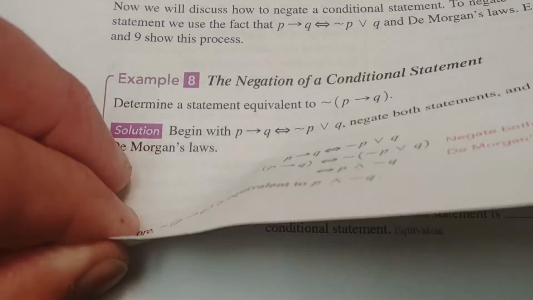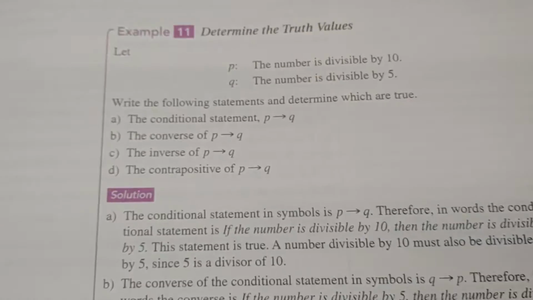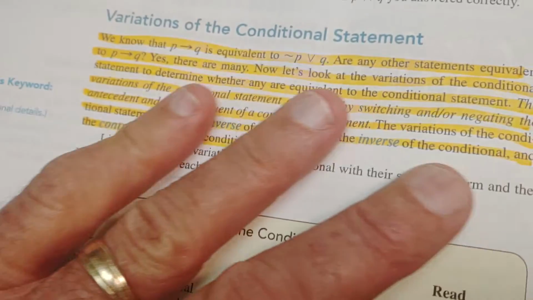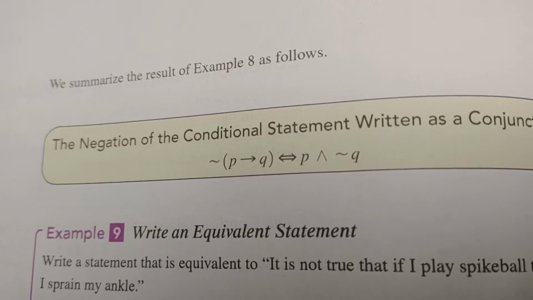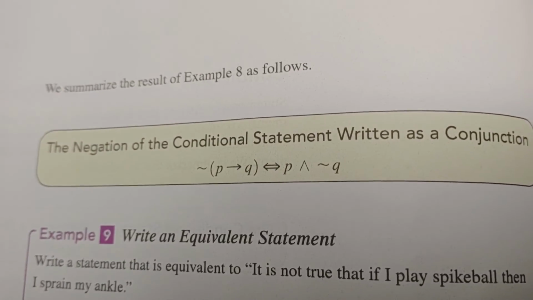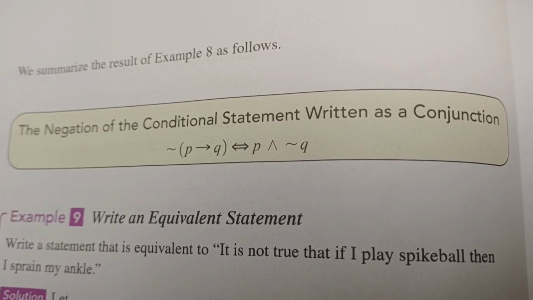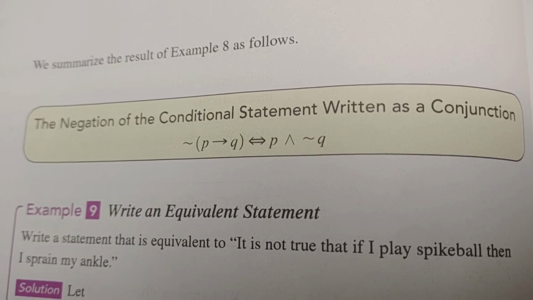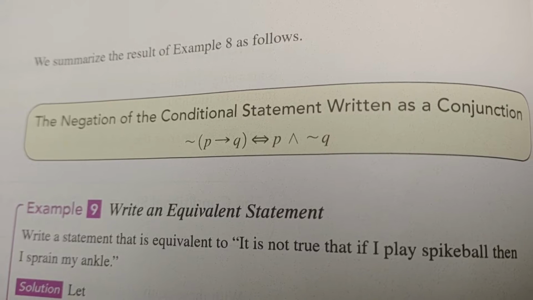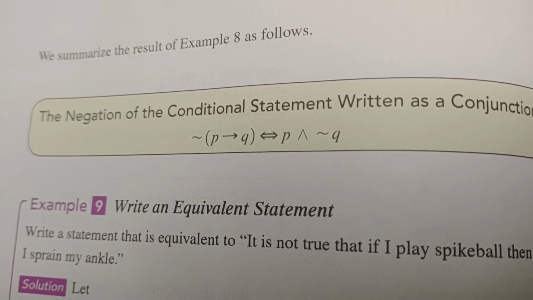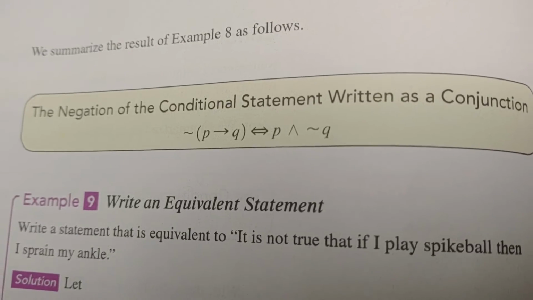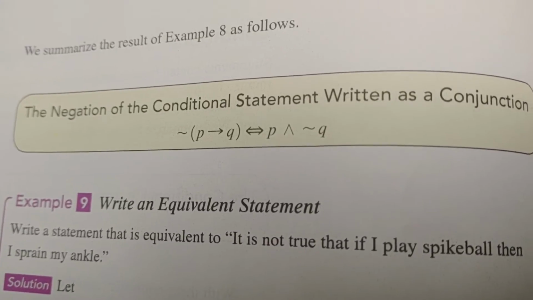If we come over here, make sure you understand that this is another one, the negation of a conditional statement written as a conjunction, where we have negated P conditional Q, biconditional P and negated Q.